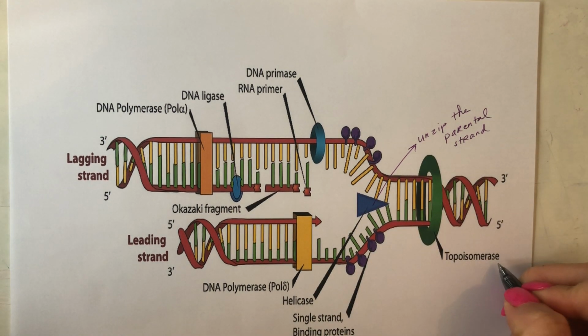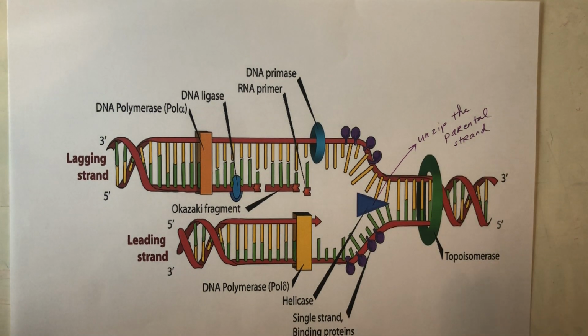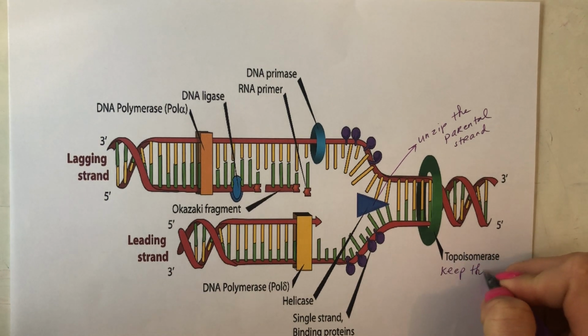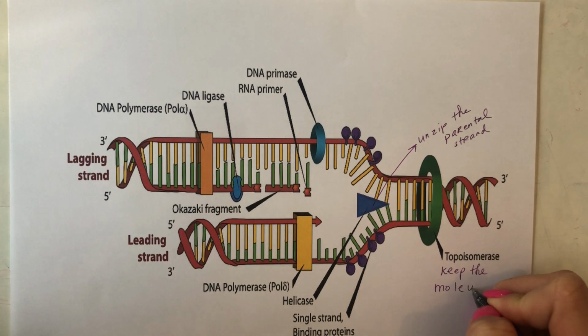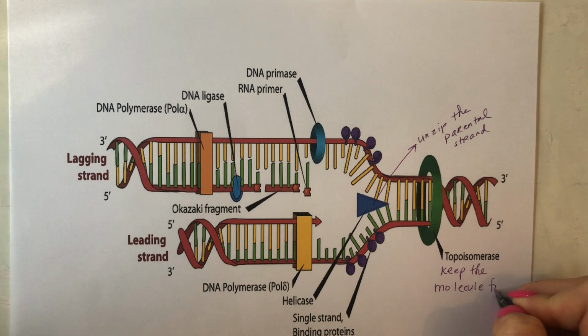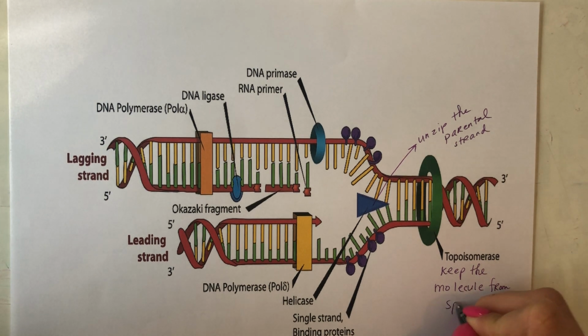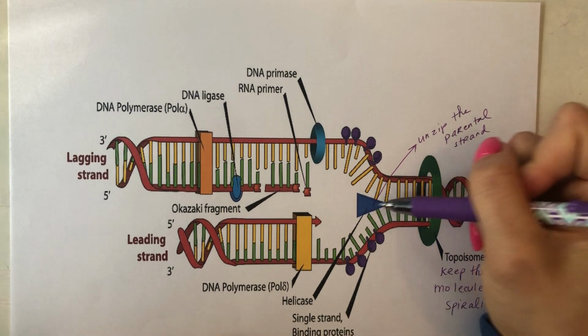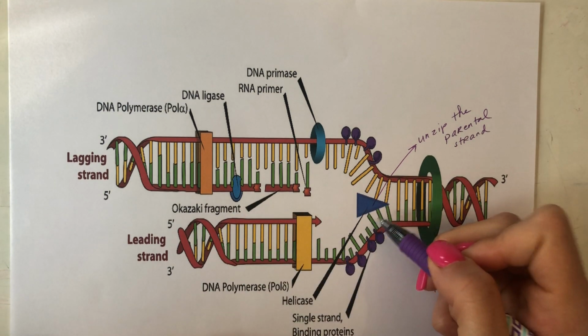Okay, what topoisomerase is, it's opening up or it's keeping that DNA helix straightened. It's unwinding it or it's unspiraling it. Okay, so this is going to keep the molecule from spiraling. So that's the main job of helicase, open up that helix, okay?